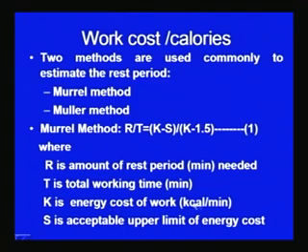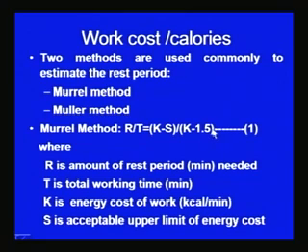If the energy cost of the work is more, then obviously the rest period will also be more. S is the acceptable upper energy limit cost of the work, normally found to be 4.5 kilocalorie per minute.